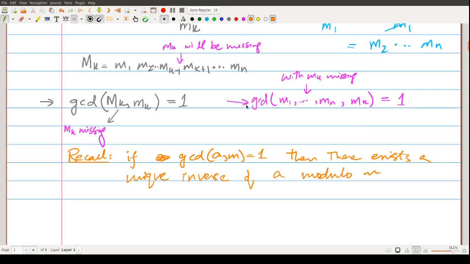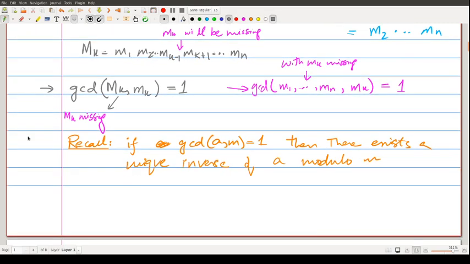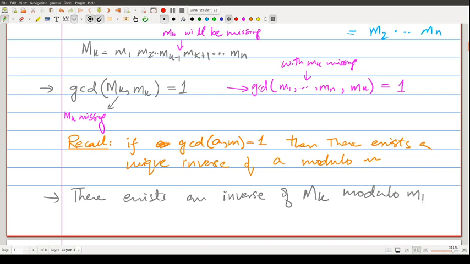Since we know that the GCD of capital Mk and small mk is equal to 1, I can assert that there exists an inverse of capital Mk modulo small mk. We're just applying this theorem to the above fact.